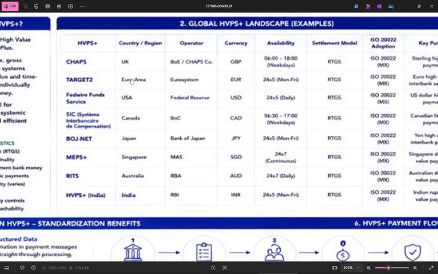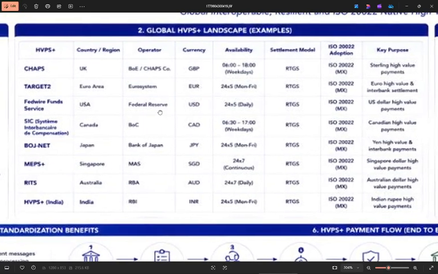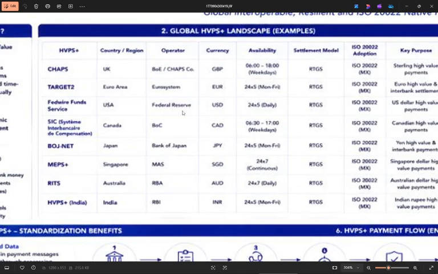So here you can say CHAPS is UK, TARGET is Europe, then Fedwire, BOJ-NET for Japan, MEPS+ for Singapore, RITS for Australia, and the high value payment system for India. Right? So those are the systems, the landscape we use for transferring money within an HVPS.